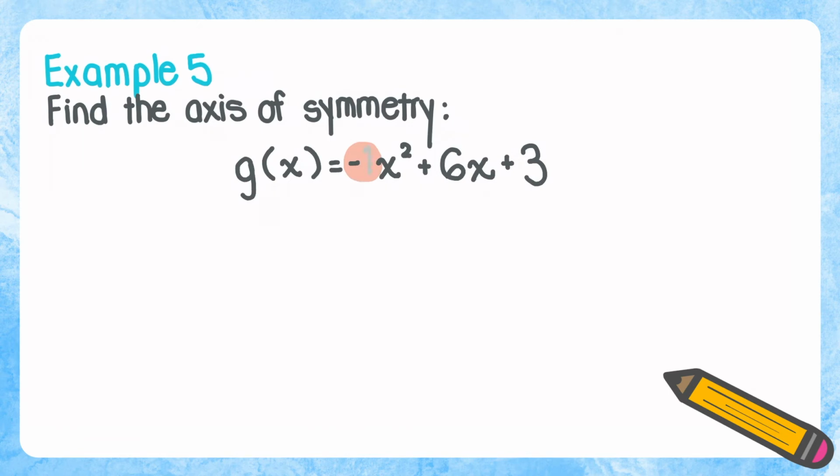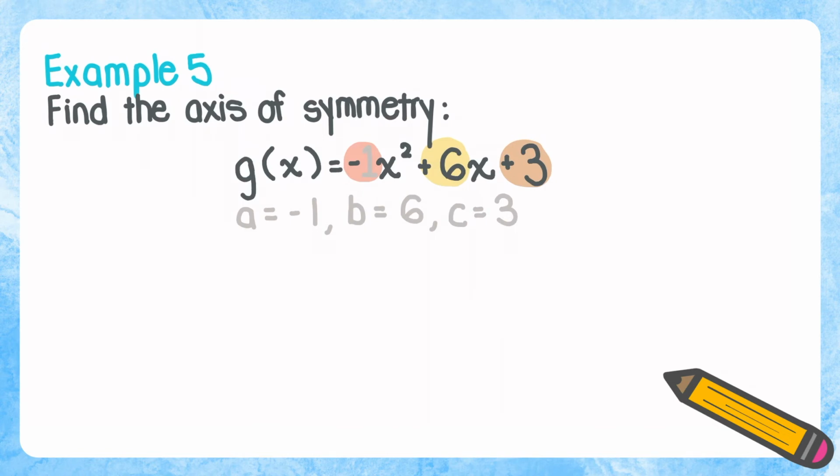There's actually an invisible 1 right here, so a would equal negative 1, b equals positive 6, and c equals positive 3. So a equals negative 1, b equals 6, and c equals 3.